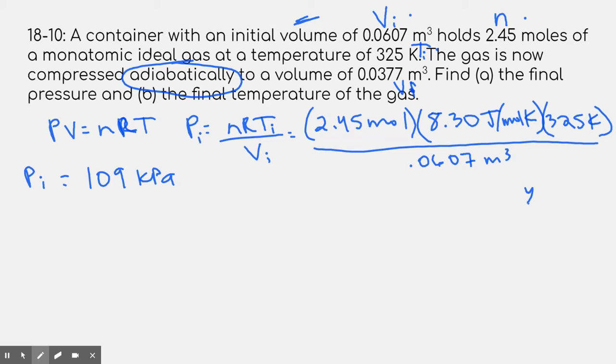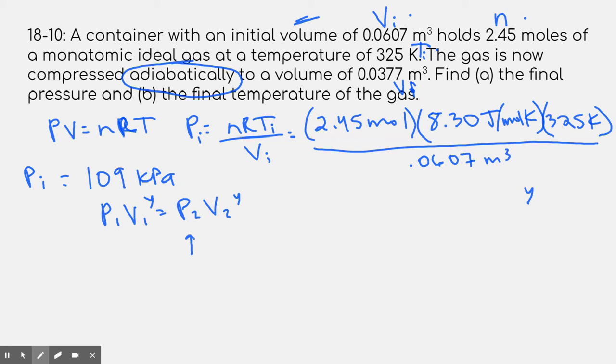So we can use not the ideal gas law, but the pressure-volume relationship in order to solve for final pressure, since now we have 3 of the 4 variables. So P1 V1 to the gamma equals P2 V2 to the gamma, and we know that this is for an adiabatic process, so we need this little symbol.